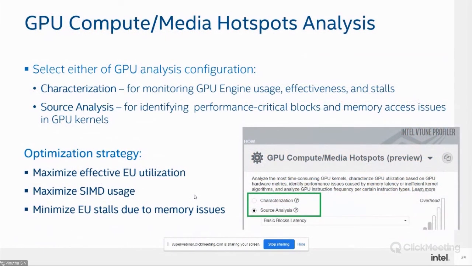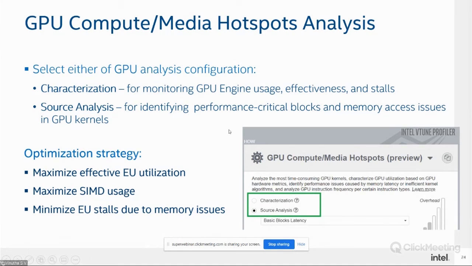Okay, so some details about compute media hotspot analysis now. Within compute media hotspot analysis, we have 2 different configurations that you can see from this picture. One is characterization and the other is source analysis.